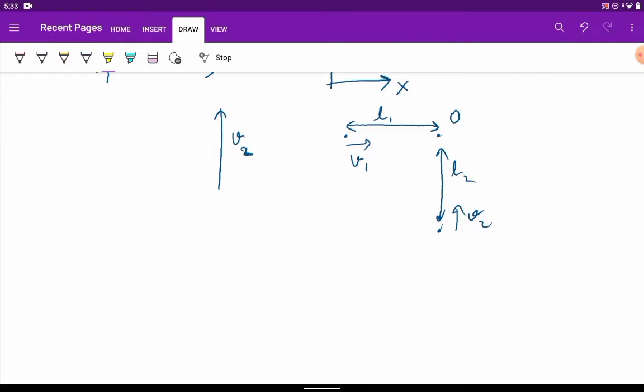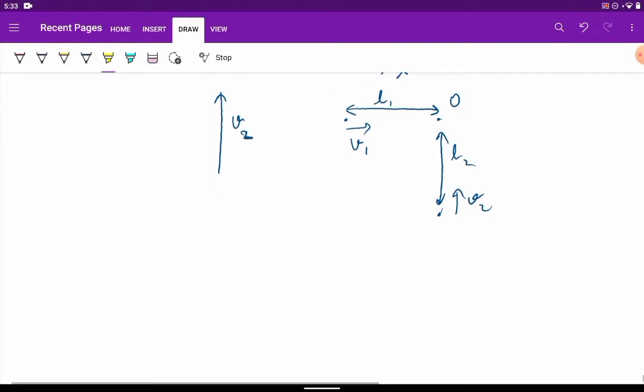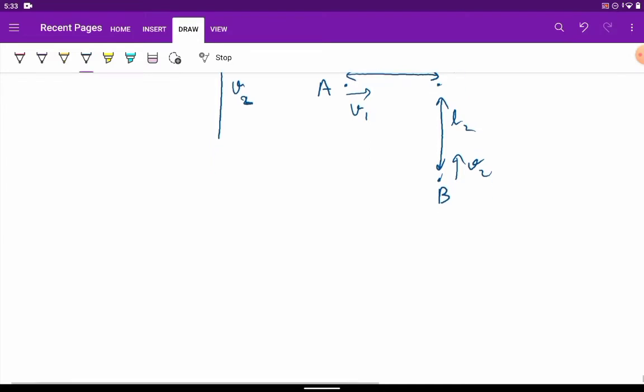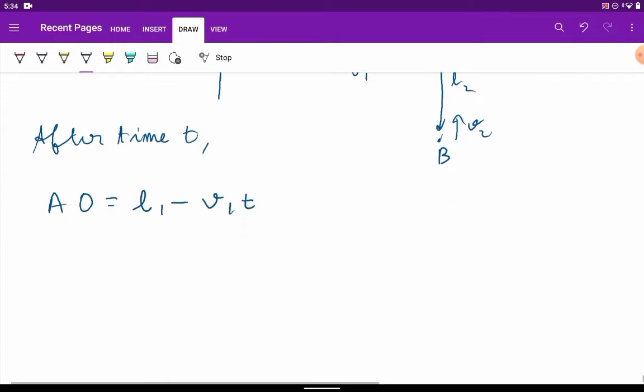Let's consider one particle to be A, the other particle to be B. So after time t, AO will be equal to L1 minus V1t, and BO will be equal to L2 minus V2t.